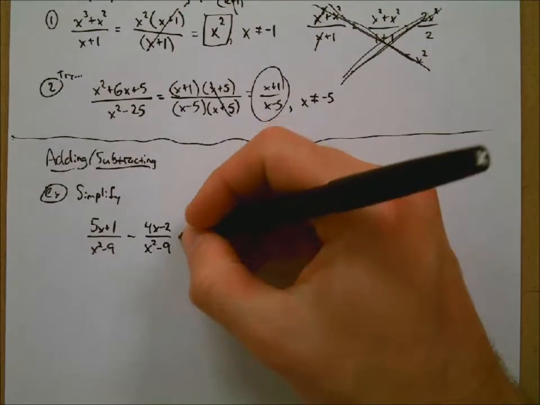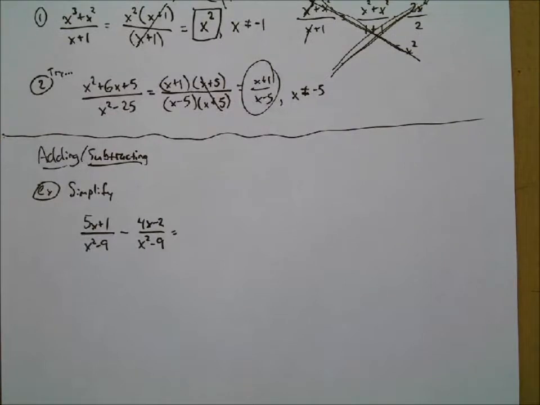Okay. So, again, think about these rational expressions as just glorified fractions. They're really just fractions. And in order to add or subtract fractions, what do you need? Common denominator. Exactly right. Do we have a common denominator here? Yeah. We do, right? We got the same thing, x squared minus 9.